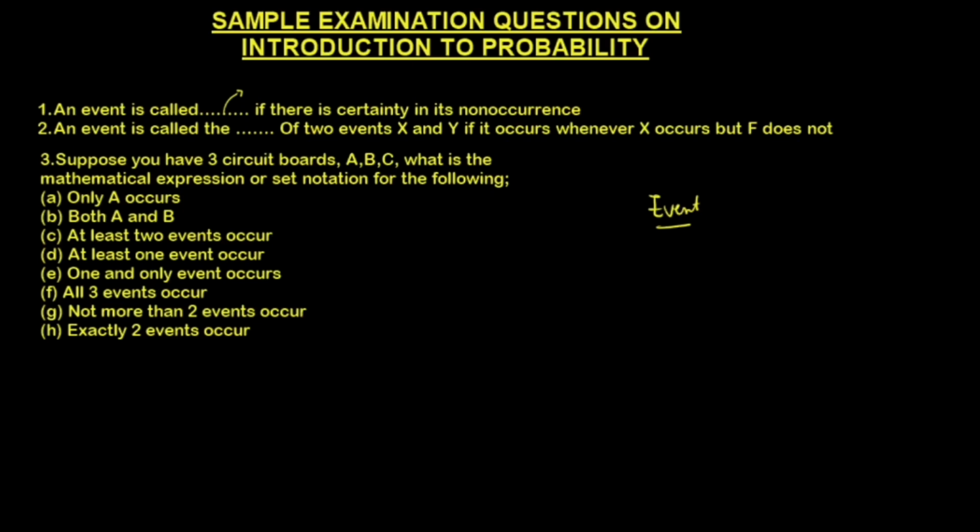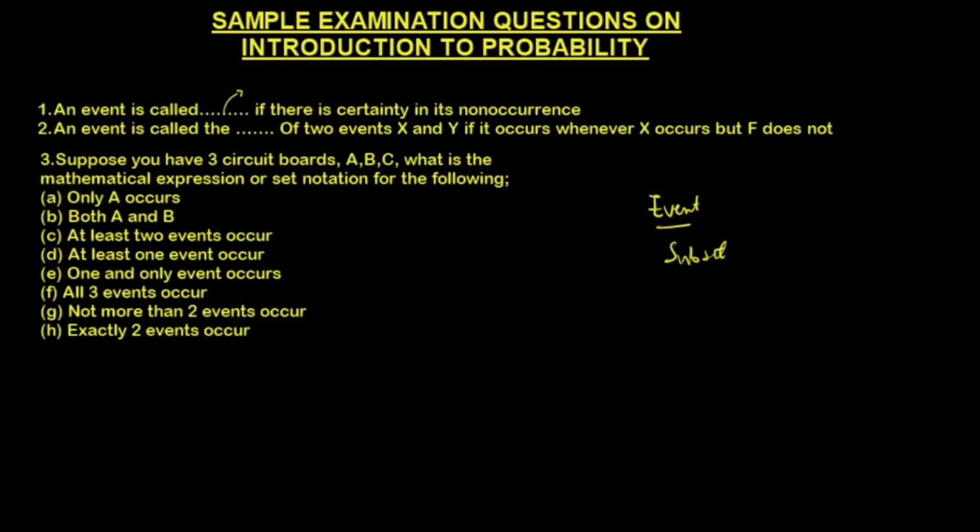The second definition we are going to take here is subset. When we talk about subset, an event A is said to be a subset of an event B if whenever A occurs, B also occurs. That is the definition for subset. Now let's move on to certain event.